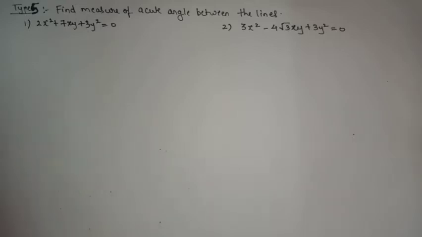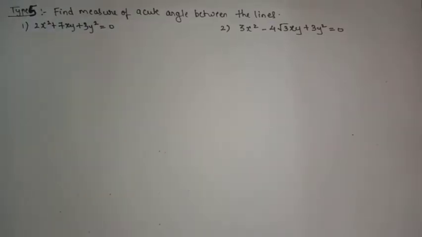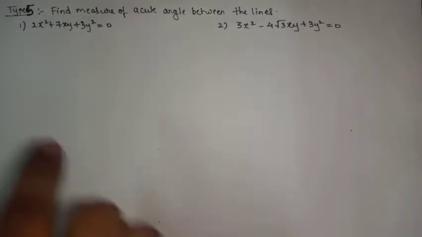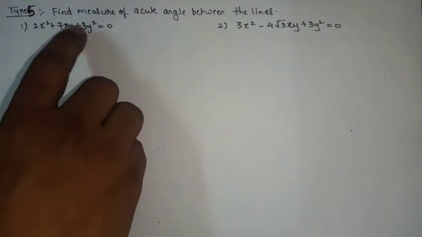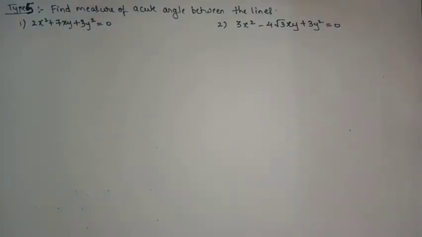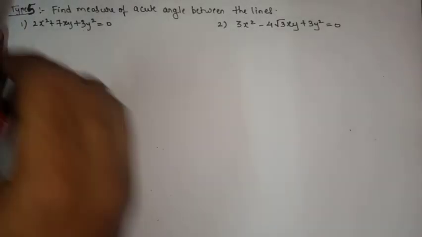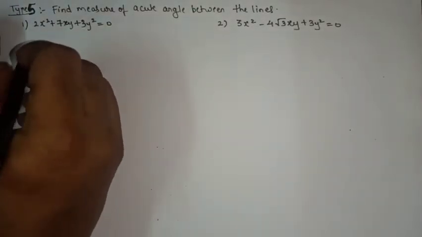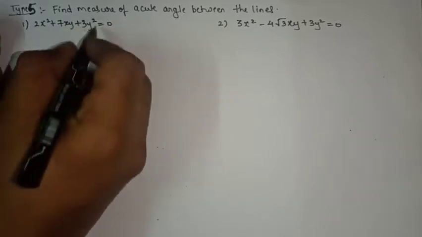So the question will be in this form: find the measure of acute angle between the lines. Here we have the first one, which is in the form of ax square plus 2hxy plus by square equals 0. Yes or no? So see the step. This equation is actually known as what?